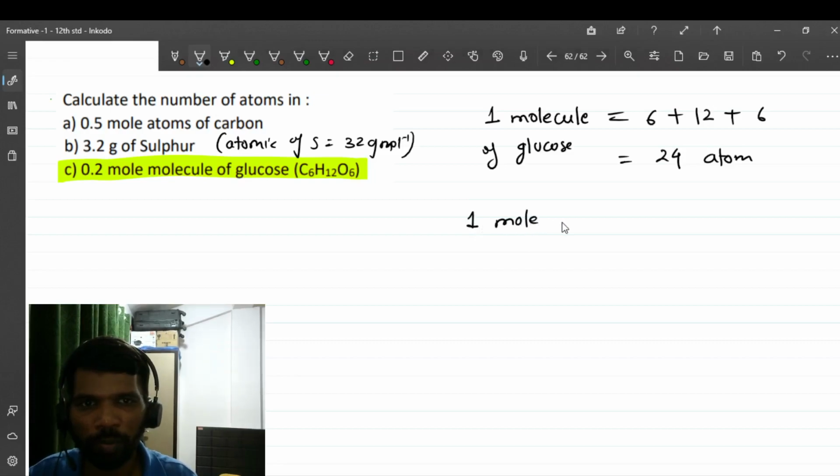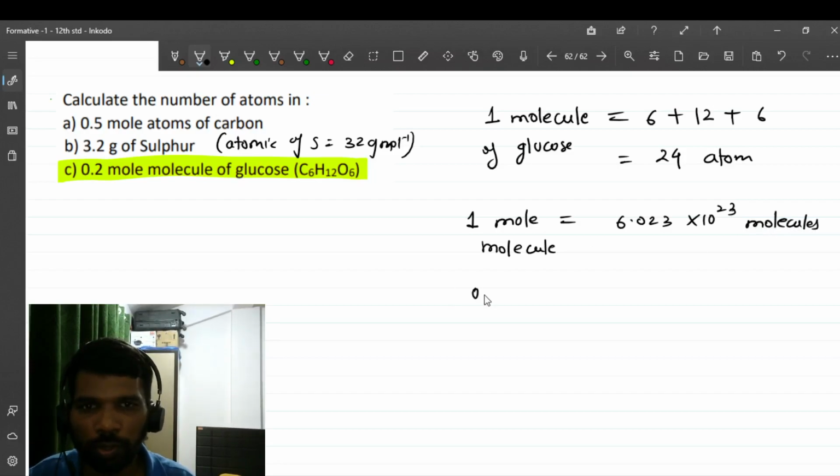So here, 1 mole has how many molecules? Since it is glucose, 1 mole will have 6.023 into 10 raised to 23 molecules, right?